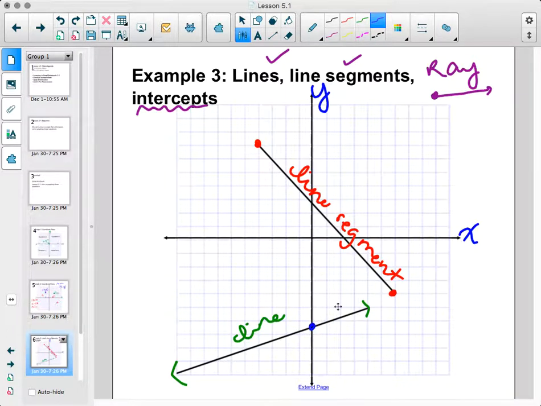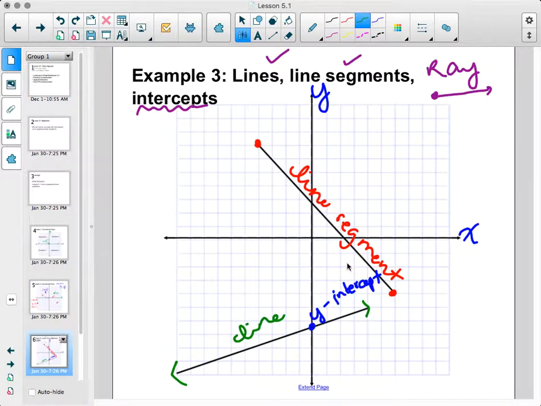I can label this as a y-intercept. And the y-intercept is very important when we graph linear equations. Intercepts are really, really crucial points, and we use them a lot in math. From here on out, when you're graphing all types of different things, you're going to be using intercepts all the time to help you understand the graph. So it's a really great thing to know.